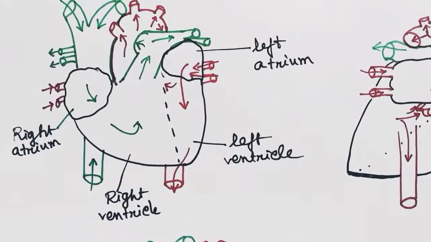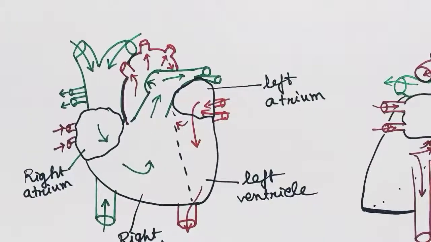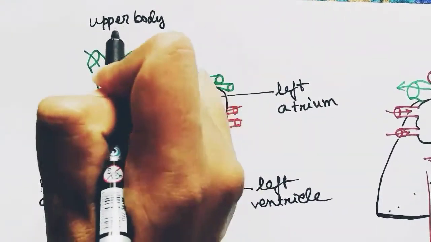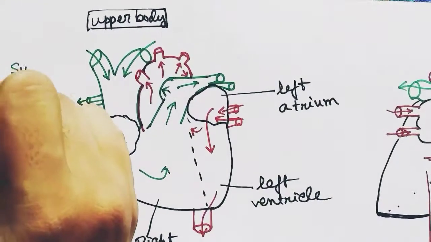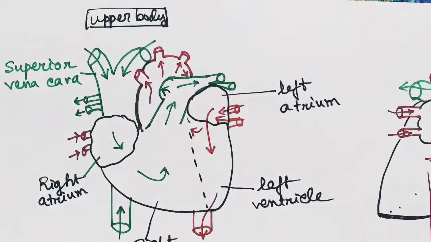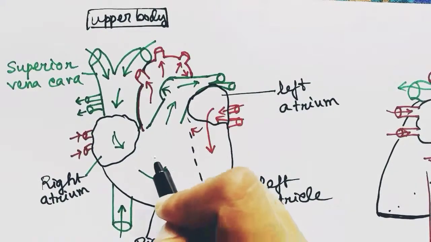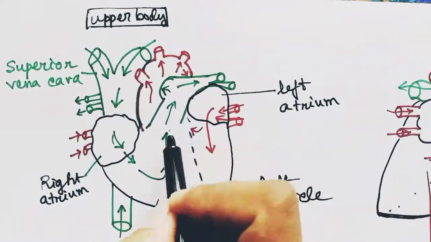Now, blood coming from the upper body part, the deoxygenated blood, will enter the right atrium via the superior vena cava and will be carried to the right ventricle and then pumped to the lungs via the pulmonary artery.